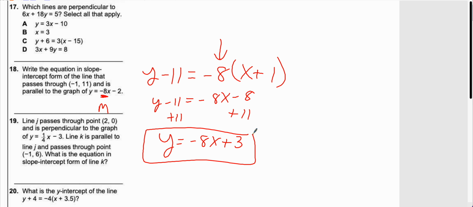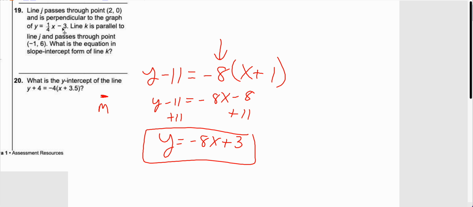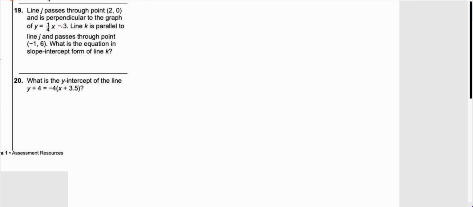All right, we good? Question 19. Line J passes through point (2, 0) and is perpendicular to the graph of y equals 1/4 x minus 3.